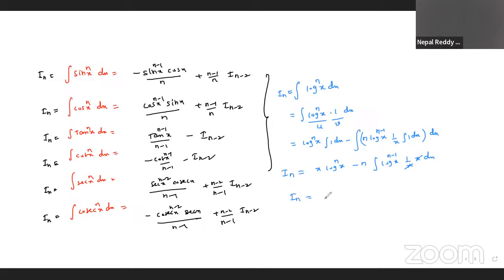Therefore, I n equals x into log x whole power n minus n into I n minus 1. So this is the reduction formula for integration of log x whole power n dx.